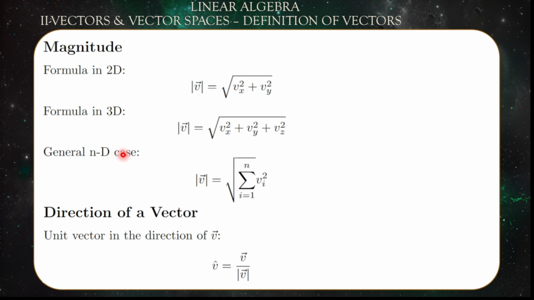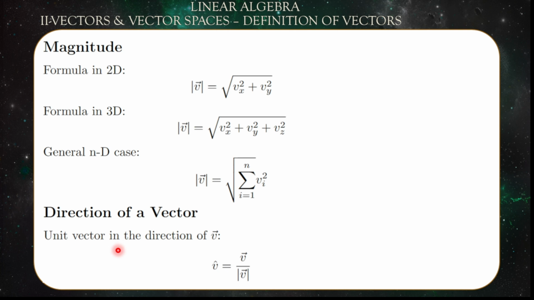So in the n-dimensional case scenario, the size of V becomes equal to the square root of the sum of different coordinates, all of them squared. So the sum of Vi squared for i starting from 1 all the way to n, or in other words, the square root of Vx squared plus Vy squared plus Vz squared plus Vt squared, etc. Direction of vector.